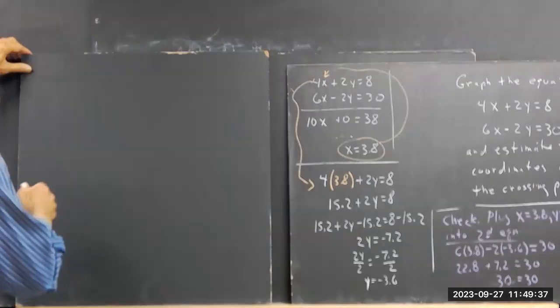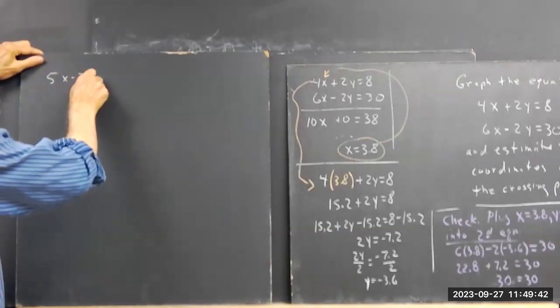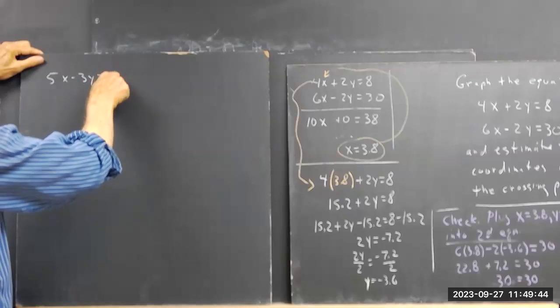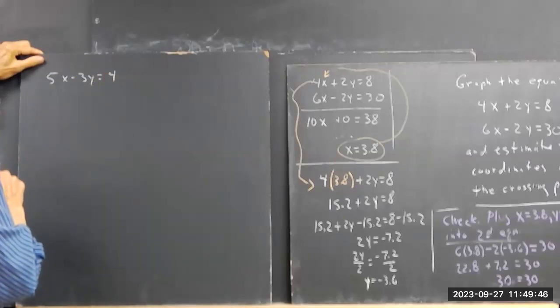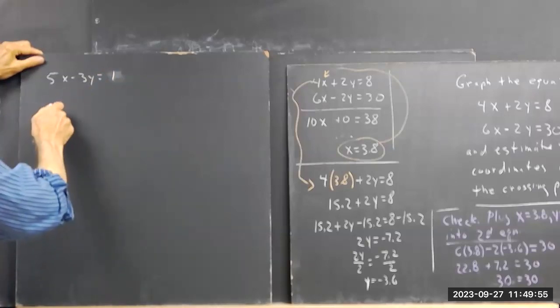Okay, let's take another equation. Let's take 5x minus 3y equals 1.